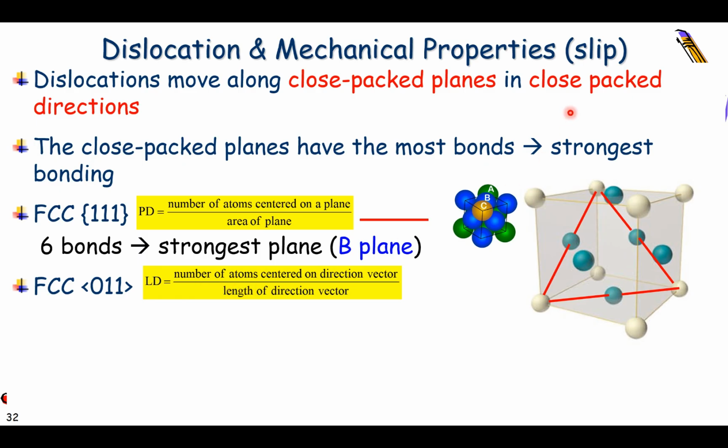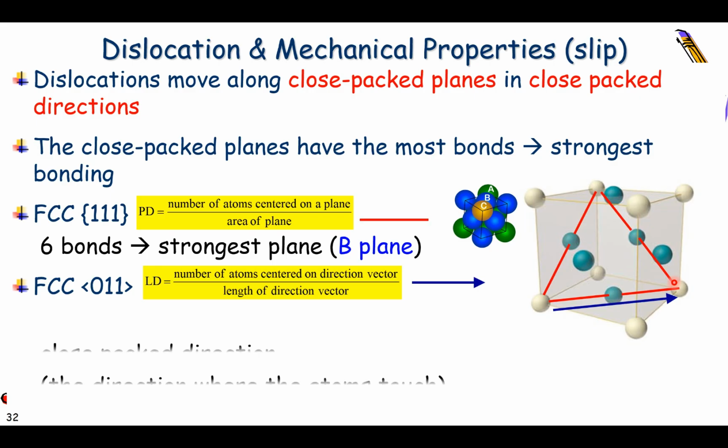The close-packed direction is very tight and strong, so you cannot move along it. Why? Because this is the most dense packing. So you can move only in this direction, or this direction. This is a 011 direction, another 011 direction, and another 011 direction.